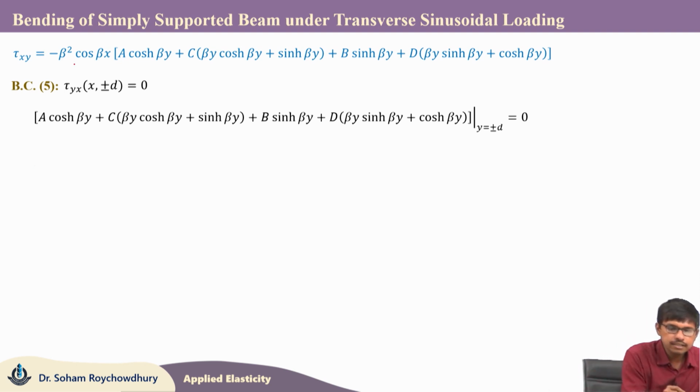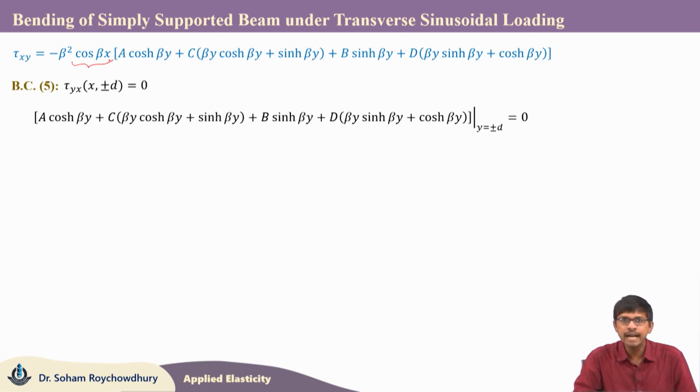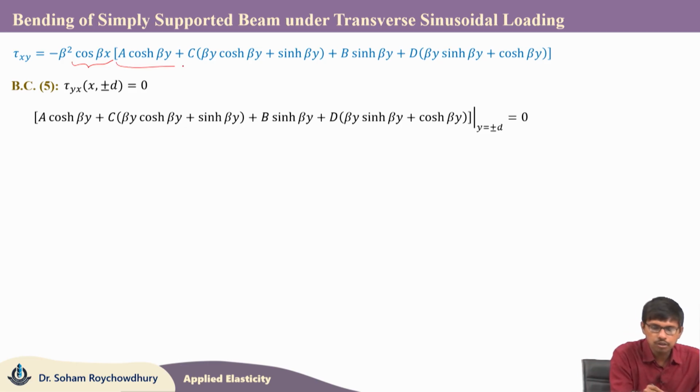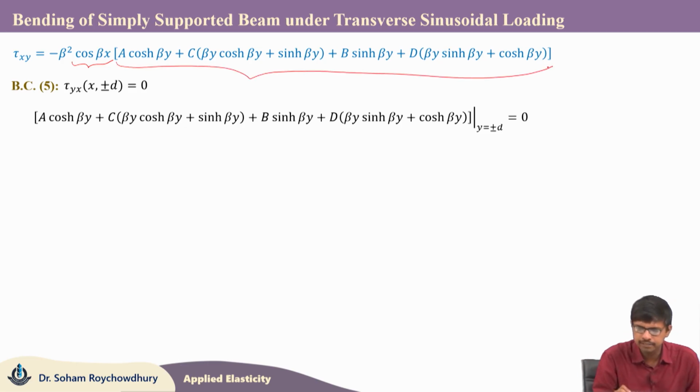Now, as this cos beta x term was there in tau xy and this must be valid for all values of x with y equals to plus minus d, cos beta x cannot be 0. So, the coefficient of this cos beta x, this entire thing at y equals to plus minus d, should be 0.